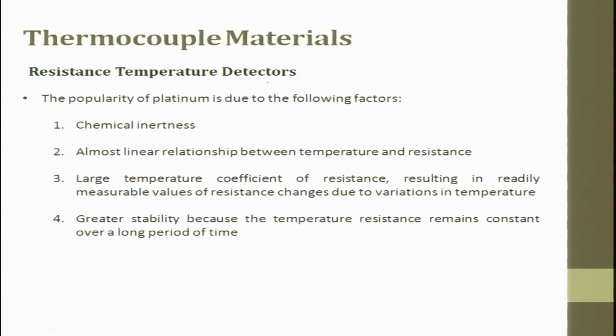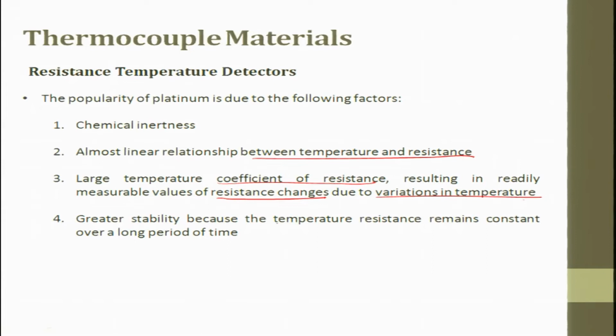For the resistance temperature detector, the popularity of platinum is due to the following factors. Platinum is chemically inert, it is expensive, also costlier than gold. Almost linear relationship with temperature and resistance exists, so this makes platinum a very good candidate. A large temperature coefficient of resistance, which results in readily measurable values of resistance change due to variation in temperature.